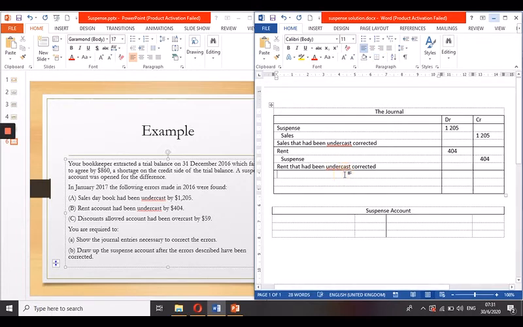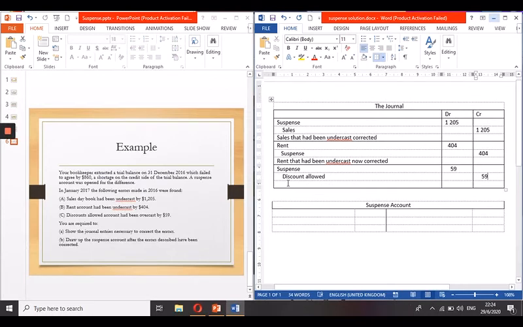So we debit suspense with $59, and credit discount allowed with $59. Then we write our narration: discount allowed that had been overcast, now corrected. So after entering, we then proceed to part B.